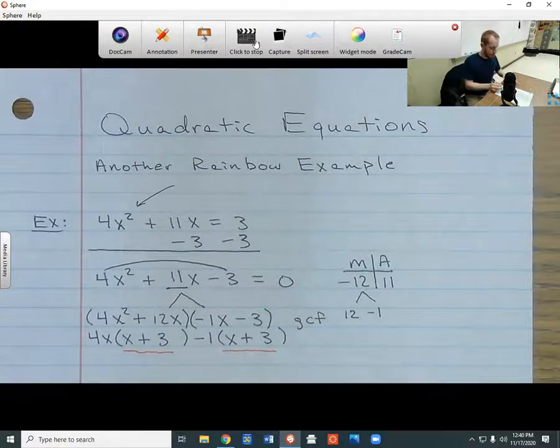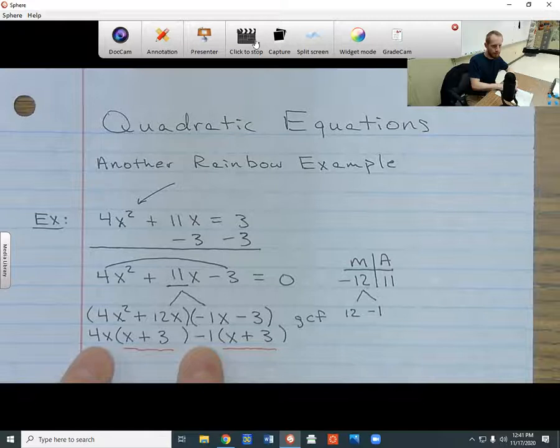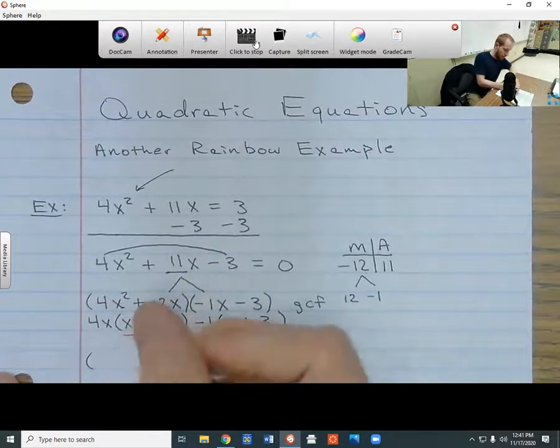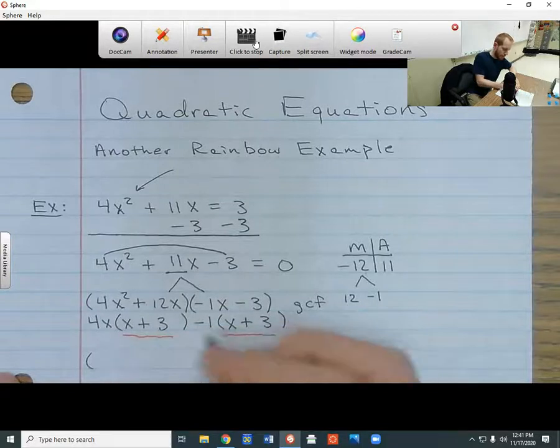Okay? So now I take the outside parts, these GCFs that I found, and I put them in the parentheses together. So inside parentheses, I'm going to have 4x minus 1. And once again, I'm just putting this 4x with this -1.